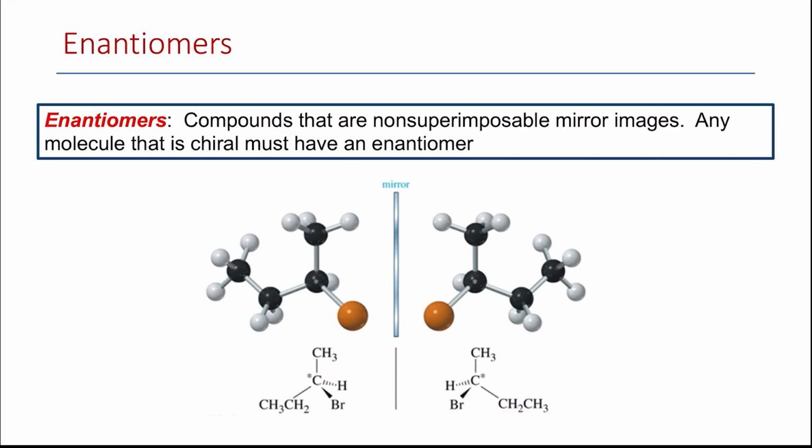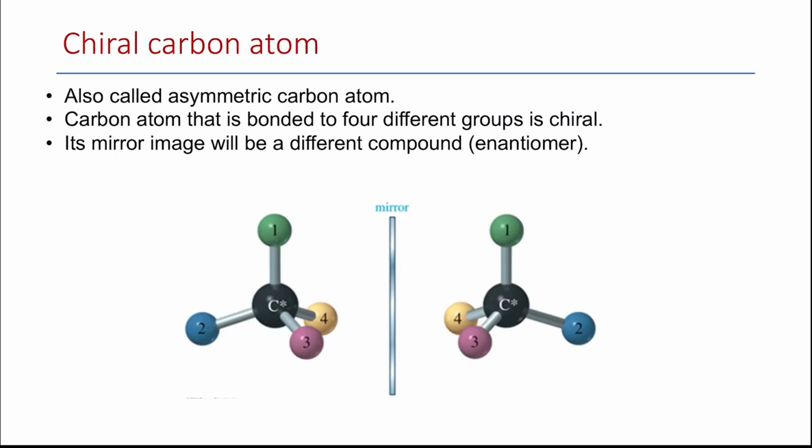Again, the chiral center is the tetrahedral carbon that has four different substituents. This carbon atom, the chiral carbon, we also call an asymmetric carbon. An asymmetric carbon is the carbon atom that has four different substituents like this one. The four substituents, 1, 2, 3, 4, as you can see them labeled by different colors, are completely different. None of them is the same as the other one.